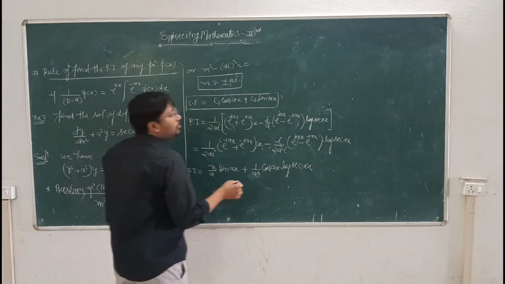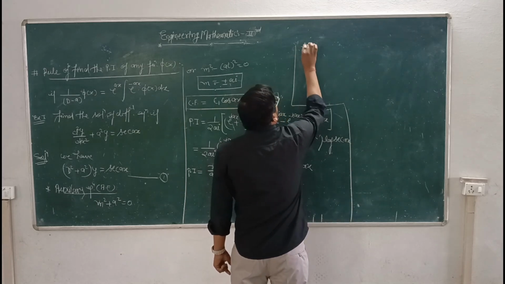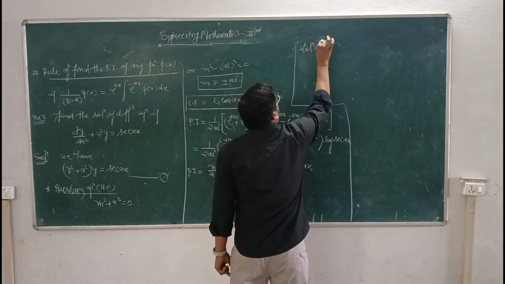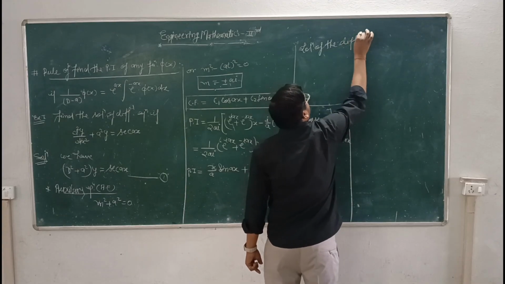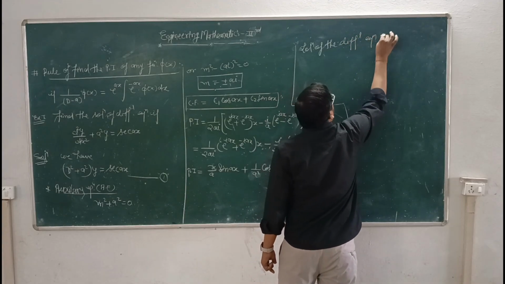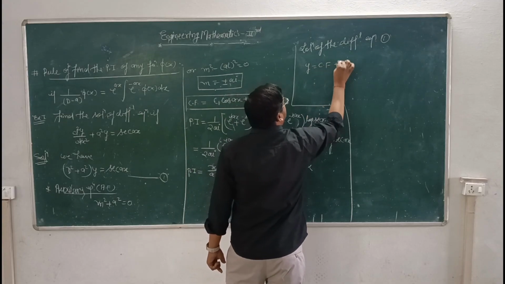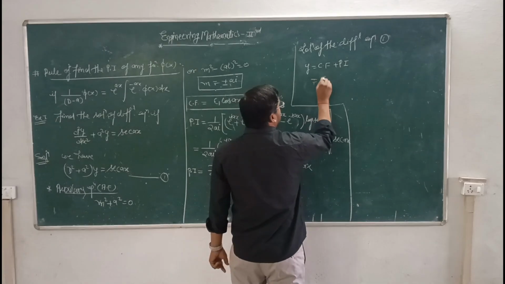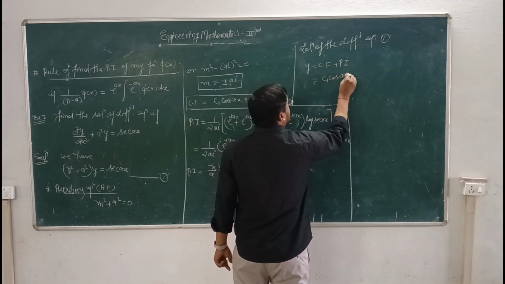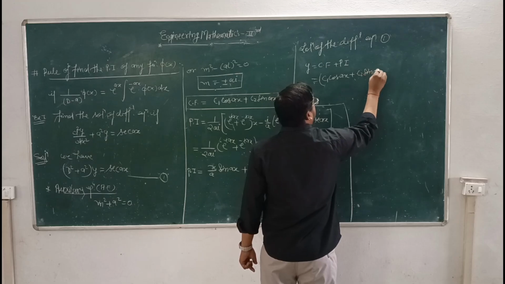Now the solution of the differential equation, you can write y is equal to CF plus PI. First you can put the value of CF. You can write c1 cos ax plus c2 sin ax.